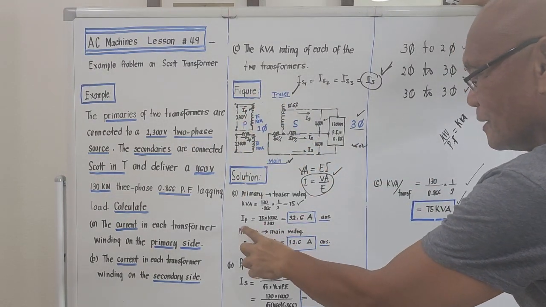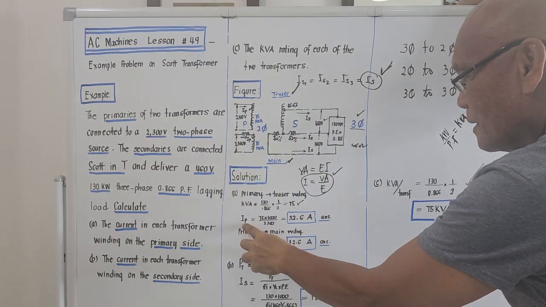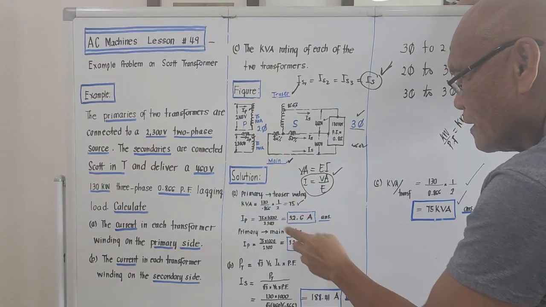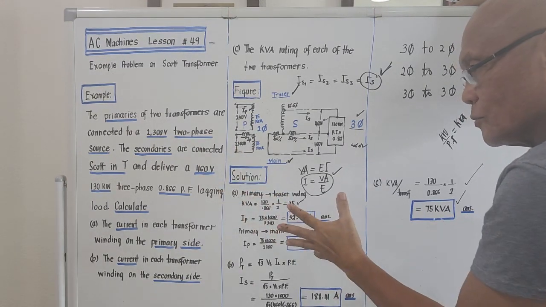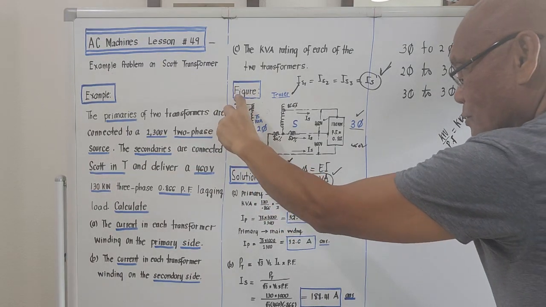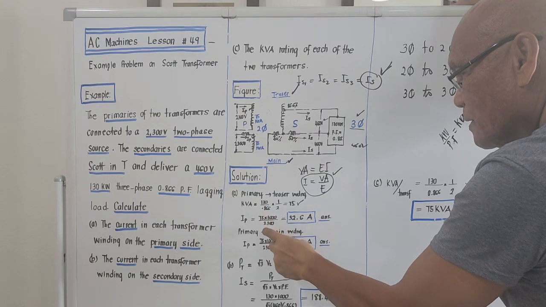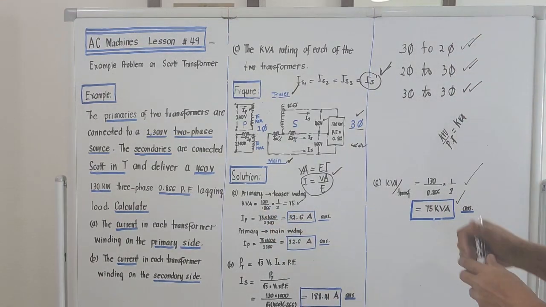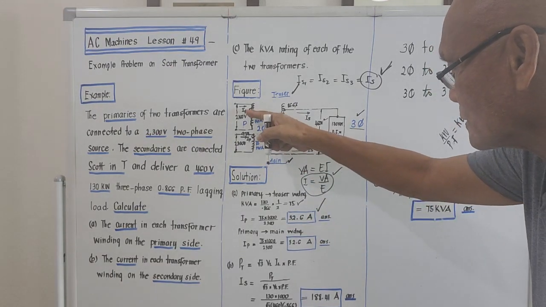So the current I_P on the teaser will be the load carried by it, which is 75 kVA, converted to volt ampere by multiplying by 1000, divided by the voltage across it, 2300. So 75,000 divided by 2300 will be 32.6 amperes.